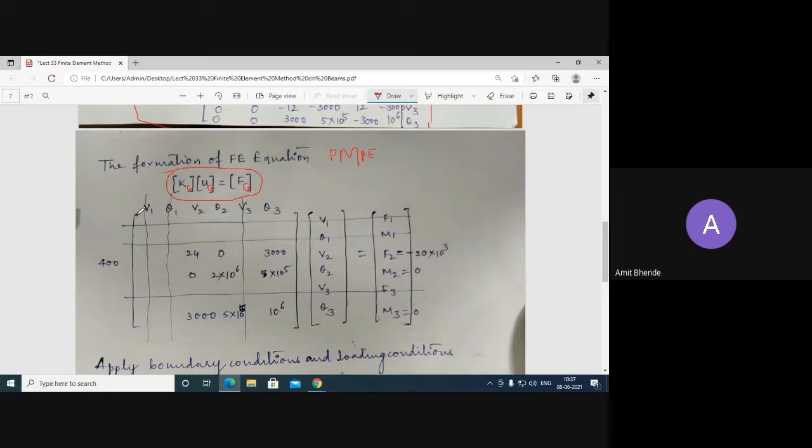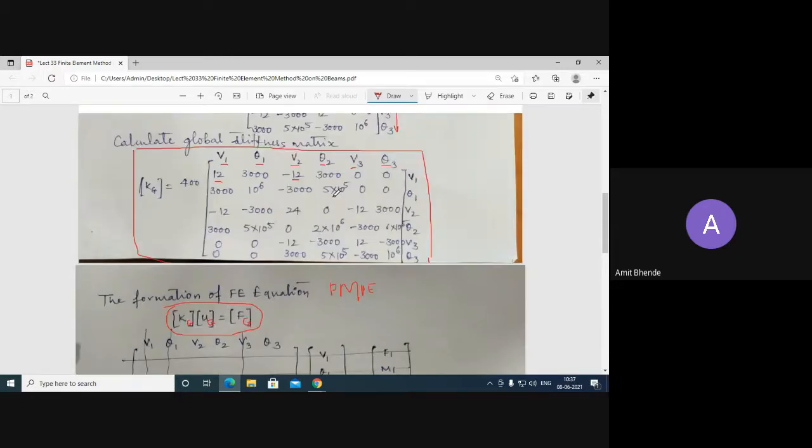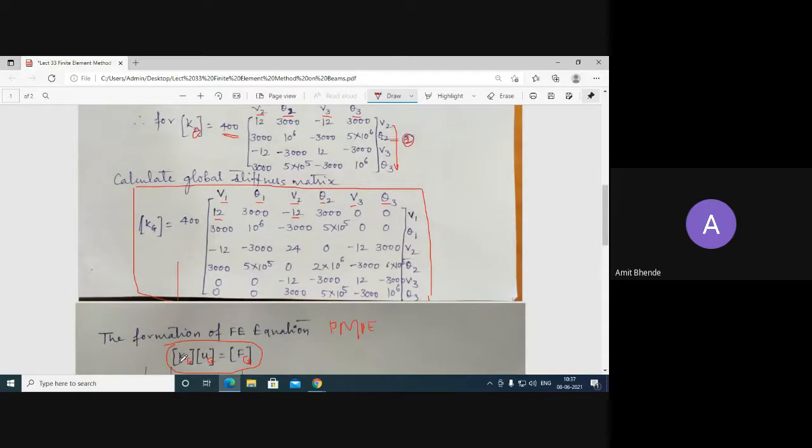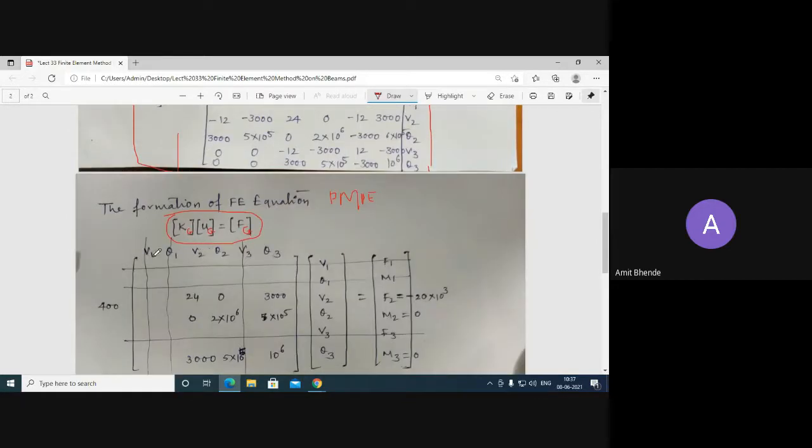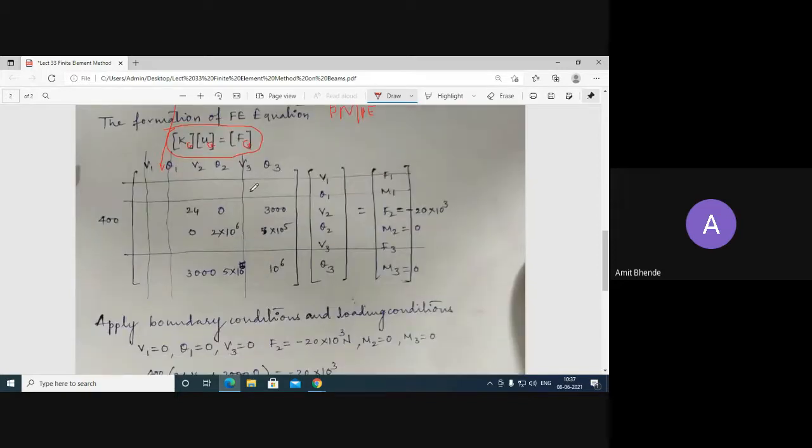So for the global displacement matrix, this same matrix will appear here. Then the global displacement matrix will be V1 theta 1, V2 theta 2, V3 theta 3.